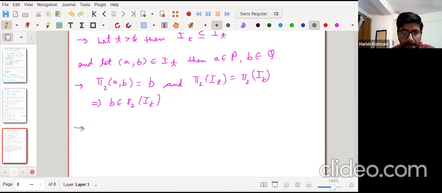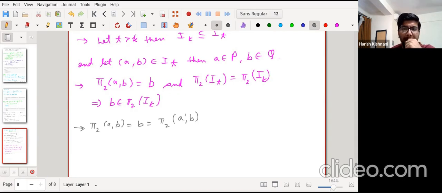Now, pi 2 of AB is equal to B. It is equal to pi 2 of some A dash B. Can we write like that?